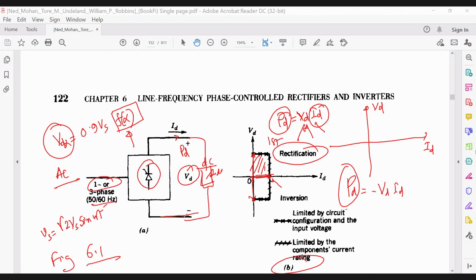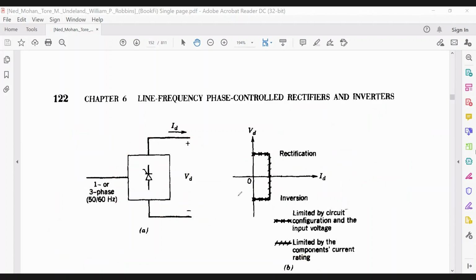It means that actually it is not absorbing the power; rather, it is feeding the power back to the AC side, and that operation will be known as inversion or inverter operation. We shall see all these things in this chapter and try to understand what is going on.